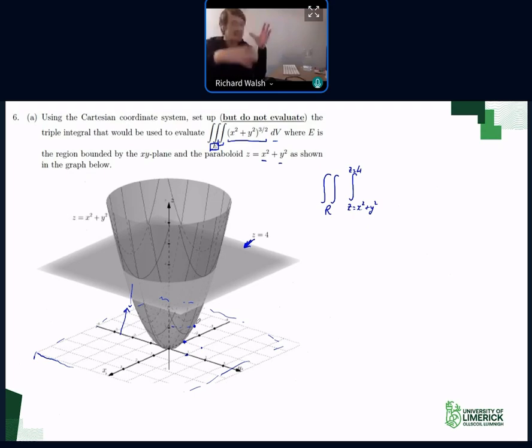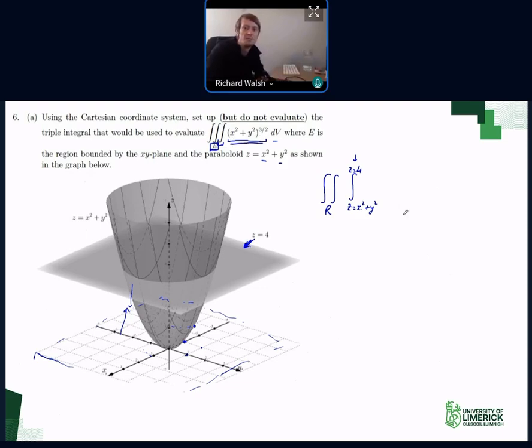So all of those Z heights on the paraboloid the whole way around are based on squaring the x, squaring the y, and adding them up, and that gives me the Z. So they would be the limits for the height component.